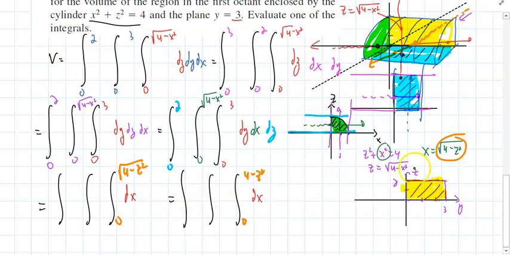Can't I say, you know what, I'm going to run this from y equals 0 to y equals 3, and that means z is going to run from 0 to 2. Or I could say, forget that, I'm going to have z equals 0 to z equals 2, and y is going to run from 0 to 3.